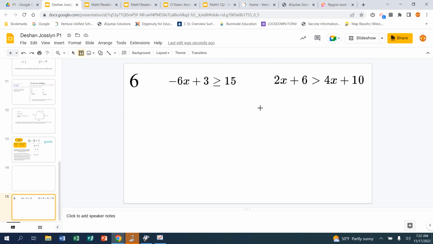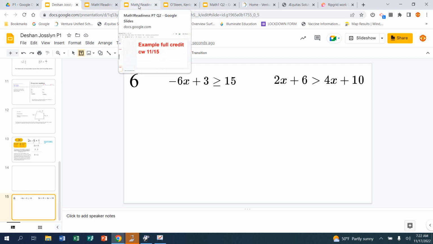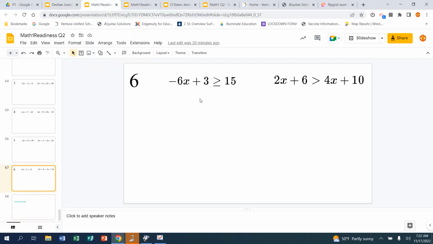Paste that on there. As a row, hover around that computer or get on your own computer and do the work for these. And then I'm going to have you flip grid it. This is tricky. As a row, after you've done this work, go back to the class slides, click on the flip grid, and then explain your problem as a row.